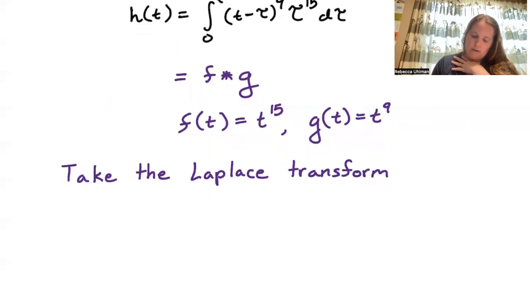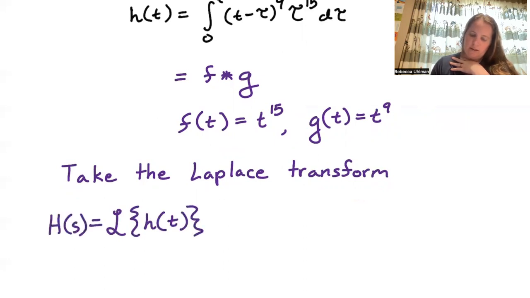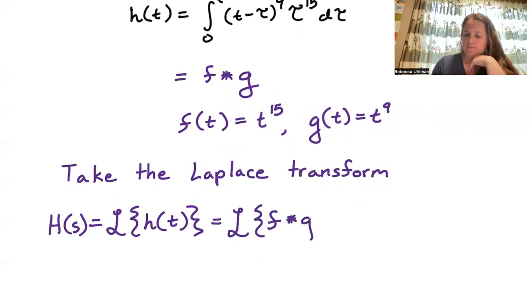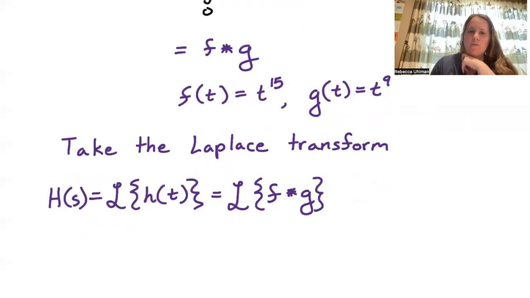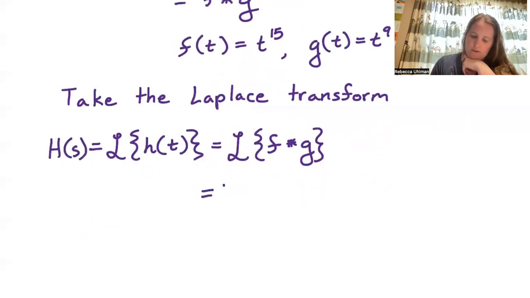We have the Laplace transform of h of t, or capital H of s, is equal to the Laplace transform of the convolution of f and g, which should be capital F of s times capital G of s.